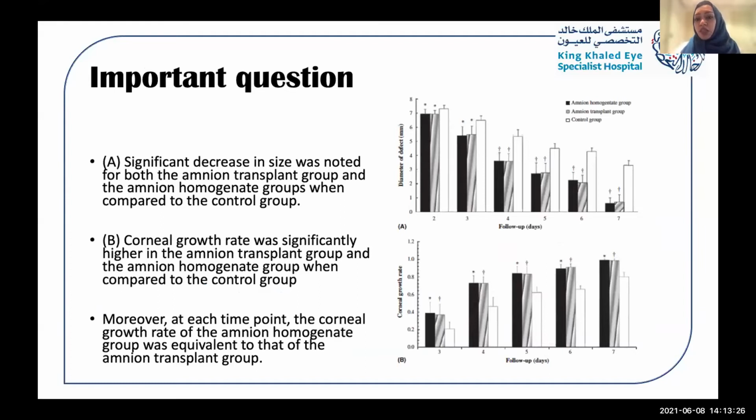They found that the diameter of the epithelial defect decreased in both the amniotic membrane and drops groups to a comparable extent, and the rate at which this happened also was comparable.